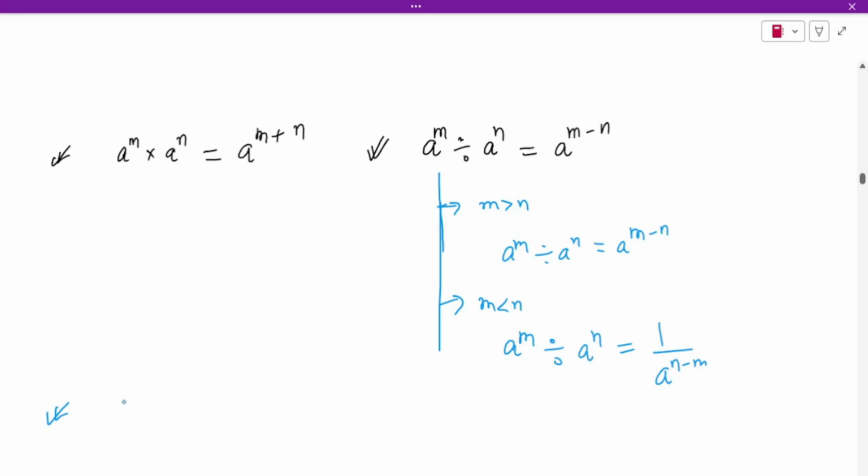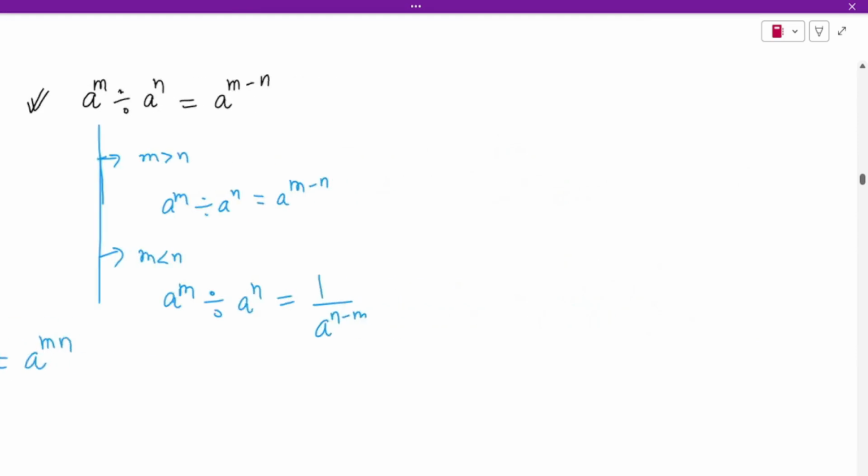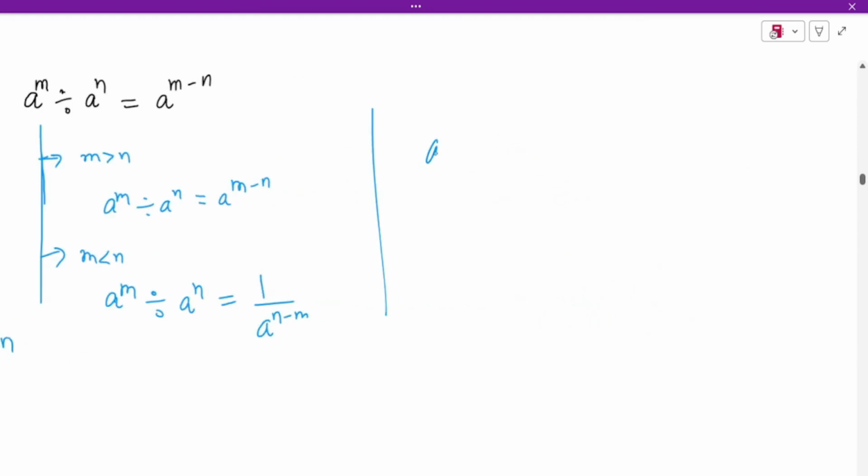After that, we have seen the power of power rule, that a to power m whole raised to power n, or a to power n whole to power m, is equal to a to the power of m into n. And also the power of zero rule, that is any number to the power 0 is equal to 1, except the base should not be 0.